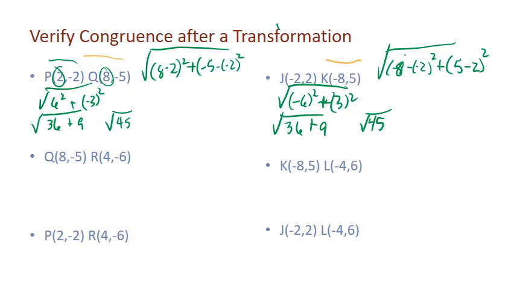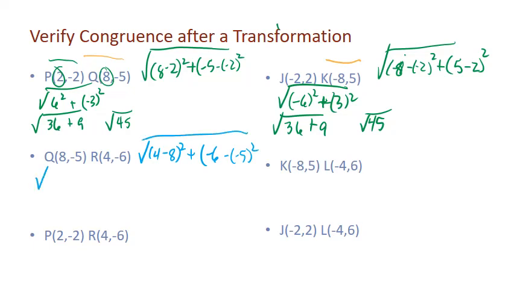Let's go for side 2. QR and KL. We'll proceed the same way. Maybe I'll put this in a different color so we'll see. Let's say we start off with the square root of x2, which is 4, minus 8, x1 squared, plus negative 6 minus negative 5 squared, square root of that.